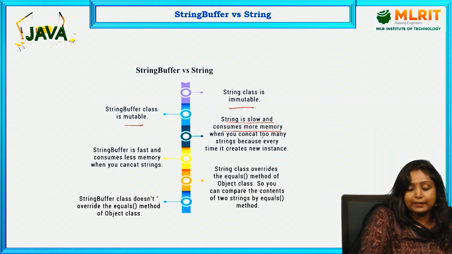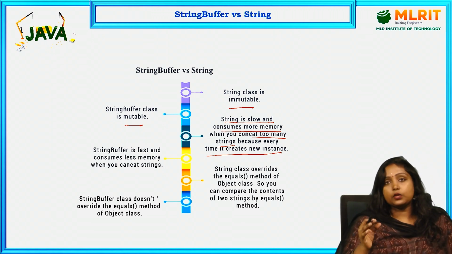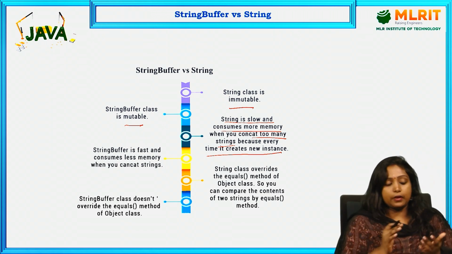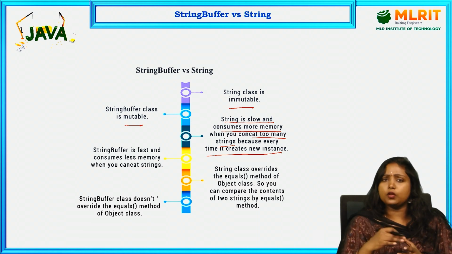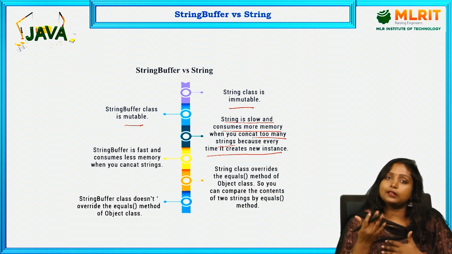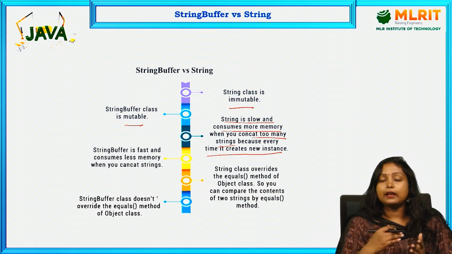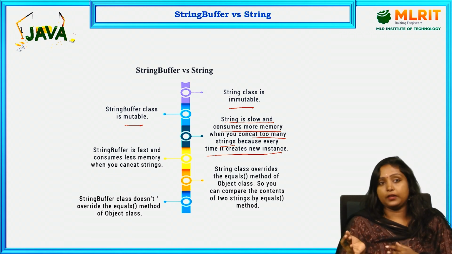When you concatenate too many strings, it will create a new instance. If I take two string objects and concatenate them, it will create a new instance. If I want to concatenate again, it will create a new instance. Like that, memory will be wasted.